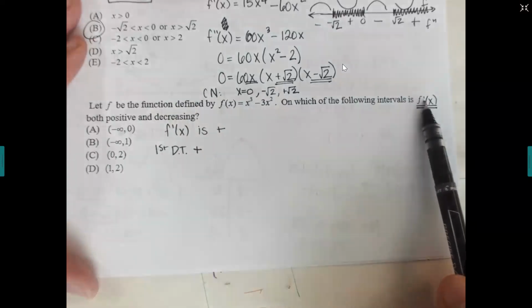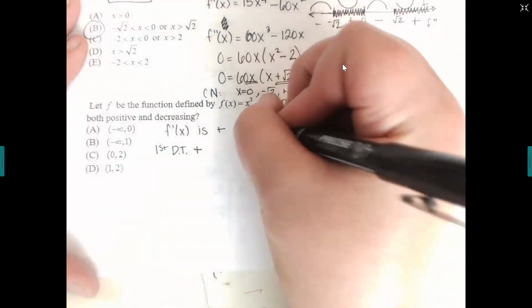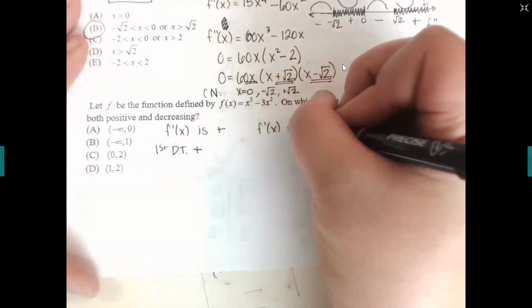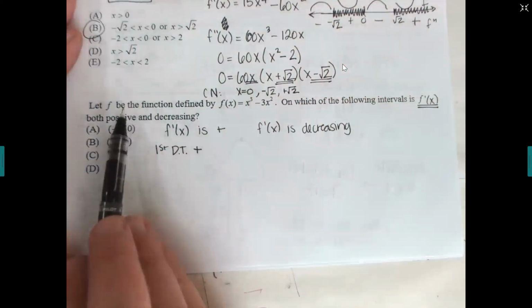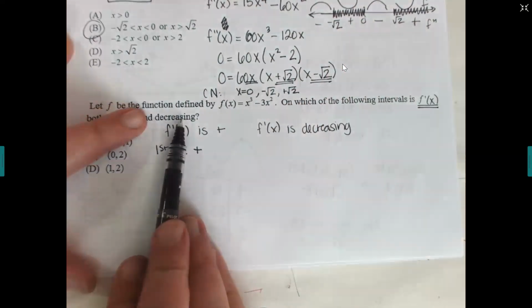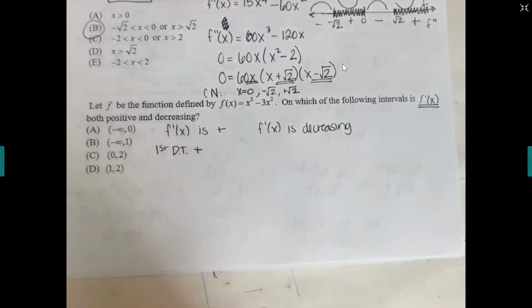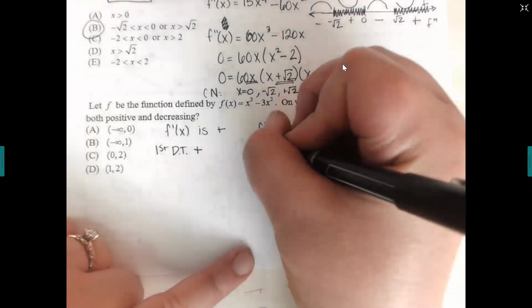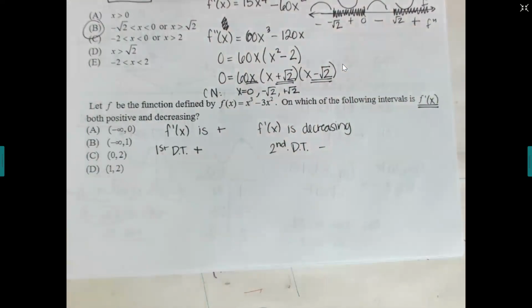So if f prime is decreasing, what is that telling me the sign of the second derivative is? The second derivative has to be negative. Does that make sense? Because if f prime is going down, then that means its slope or its derivative is negative, meaning f double prime. So this is going to be a second derivative test needing to be negative.